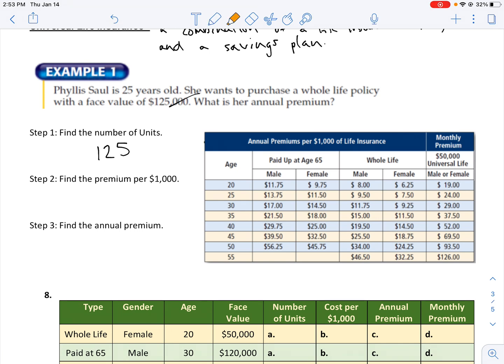So 125, whole life, female, 25. Female, 25. So 750, and just multiply the two.